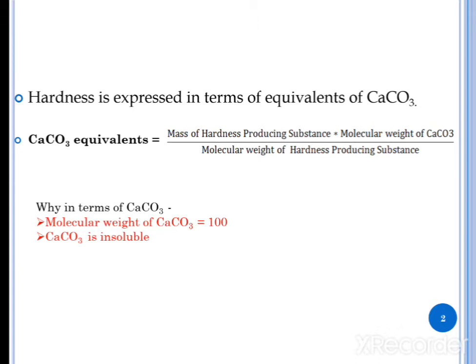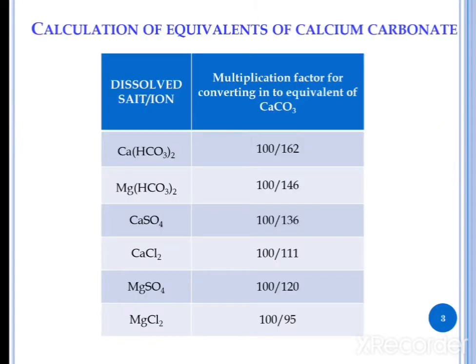Okay, so to calculate the equivalents of calcium carbonate we require a multiplication factor. Here I have taken some examples which give you the multiplication factor for converting into the equivalents of calcium carbonate. Let us see.